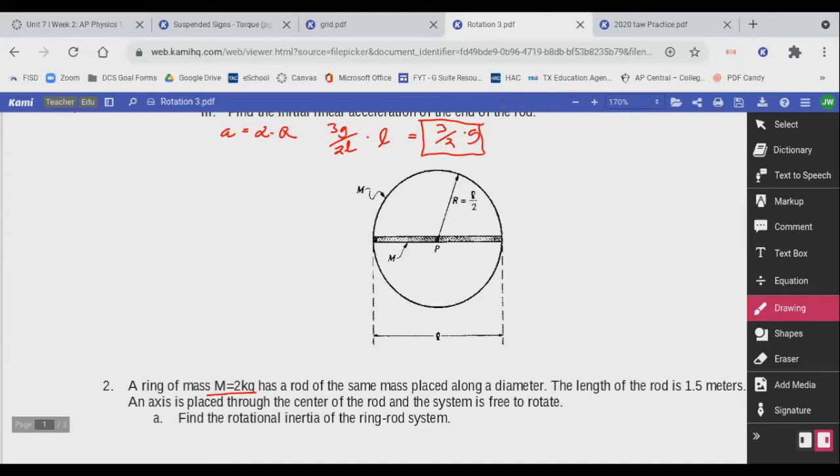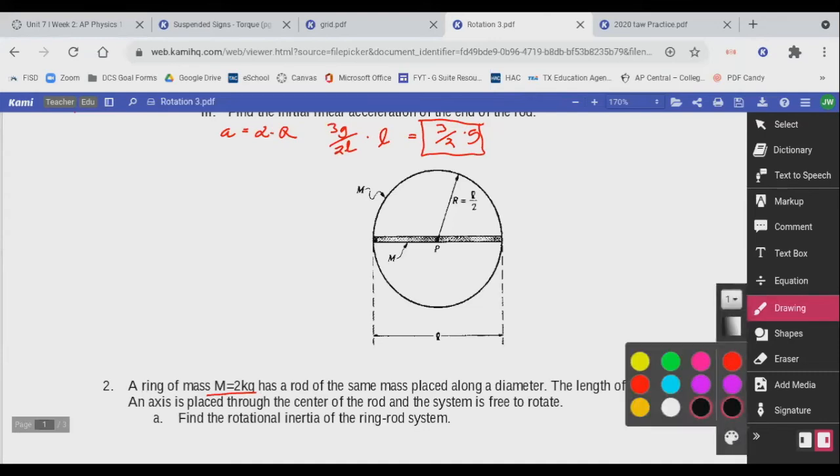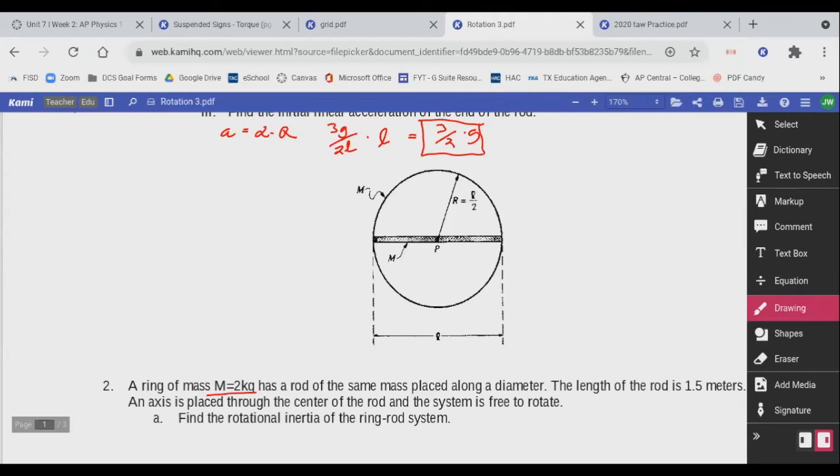Okay, let's make a couple of notations. Going back to black. Red seems like I'm griping, so let's get rid of that. We've got a ring. What do we know about a ring? I equals what? Anybody remember? Our formula for a ring. I equals MR squared.